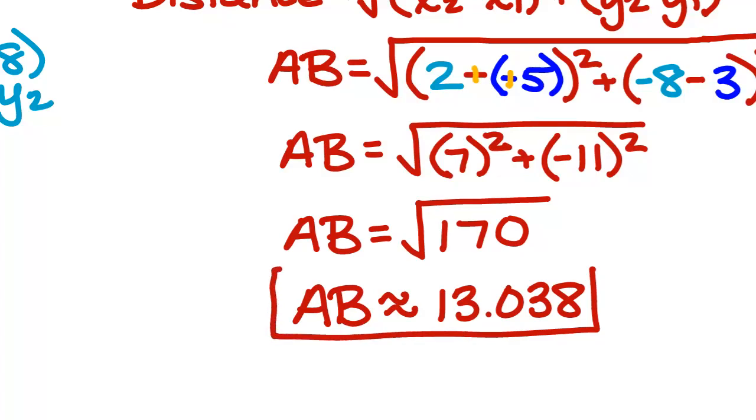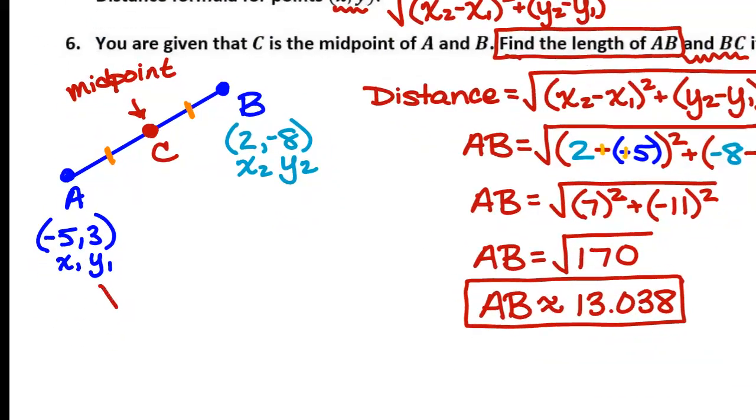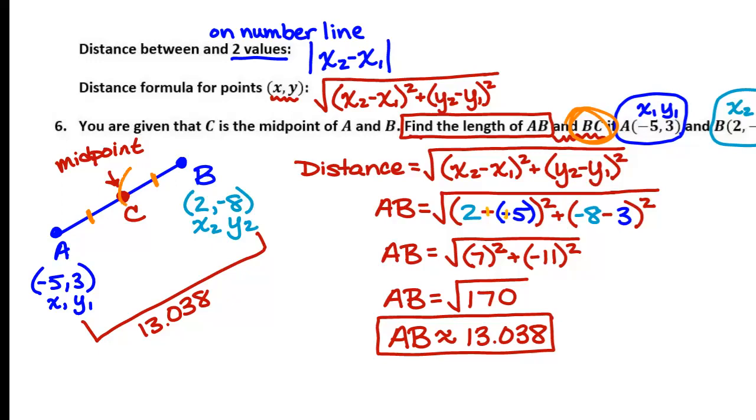All right, that's the first thing they wanted me to find. So I know the length from here over to here is 13.038. But then they also wanted me to find the length of BC. I want just this much right now. Well, these two are the same size. Divide it by 2.